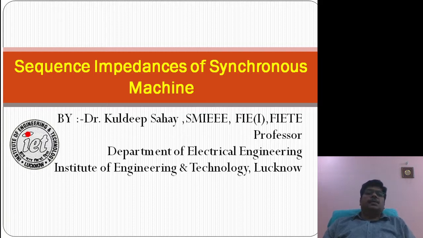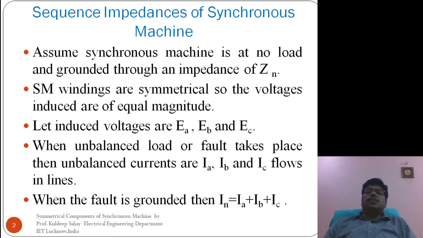In this lecture, one can learn how to draw the sequence impedances of a synchronous machine. As you know, synchronous machines are mostly used as alternators to generate power, and to generate the power, the terminal voltage of the alternator should be of equal magnitude.